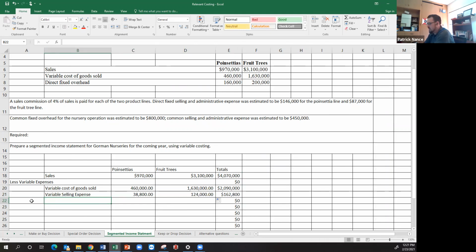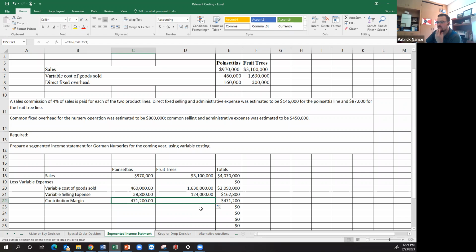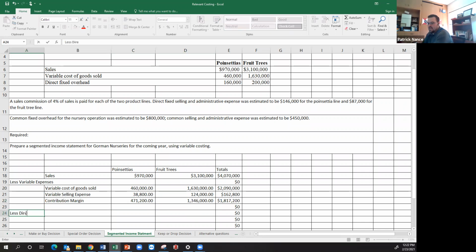Now I can find my contribution margin. Contribution margin is sales minus my two variable expenses. So 970 minus both 460 and 338.8. And same thing over here: 3.1 million minus 1.6 million and 124,000 to get my contribution margin.